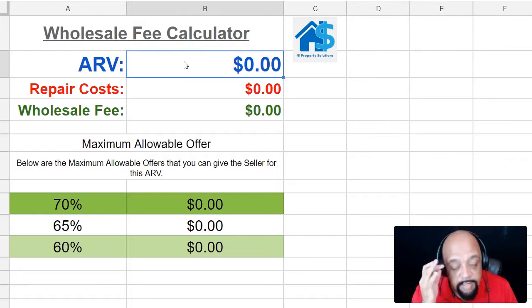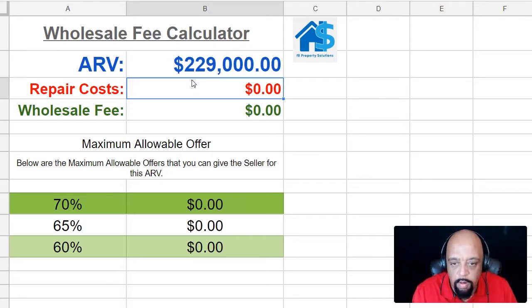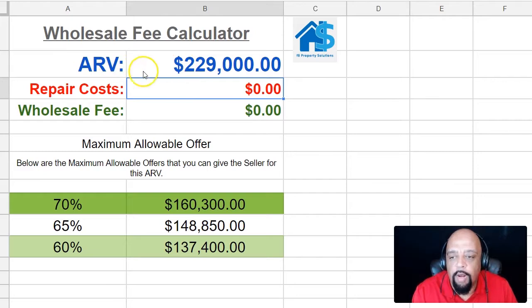As a matter of fact, instead of that, let's go with like 200 something thousand. So let's say the ARV on the house was 229,000. So what I want you to see first is, you see this 229,000?